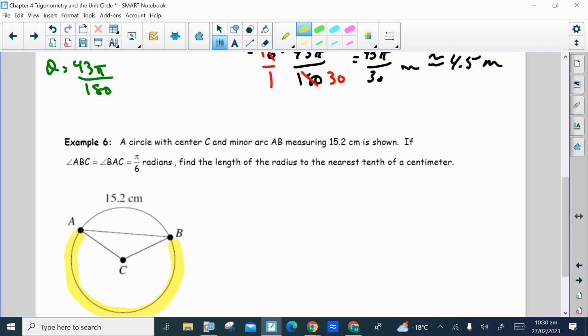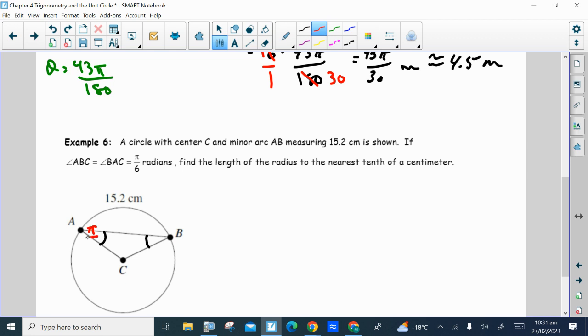Okay, it's labeled where the 15.2 is. Also, the terminology minor arc means it's the shorter of the two. So that's the one that we're working with here. Then you're told that angle ABC, which is the angle you get by going from A to B to C, equals BAC, which is the angle at A. We're told that they are both pi on 6 radians.